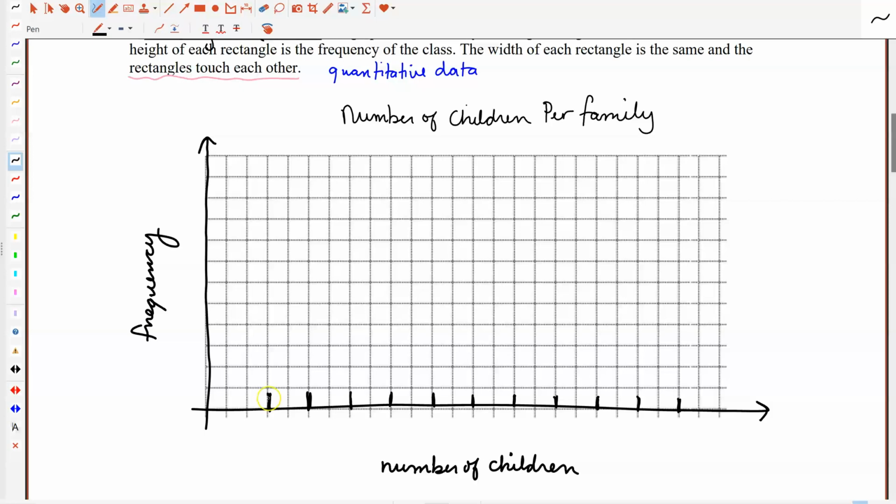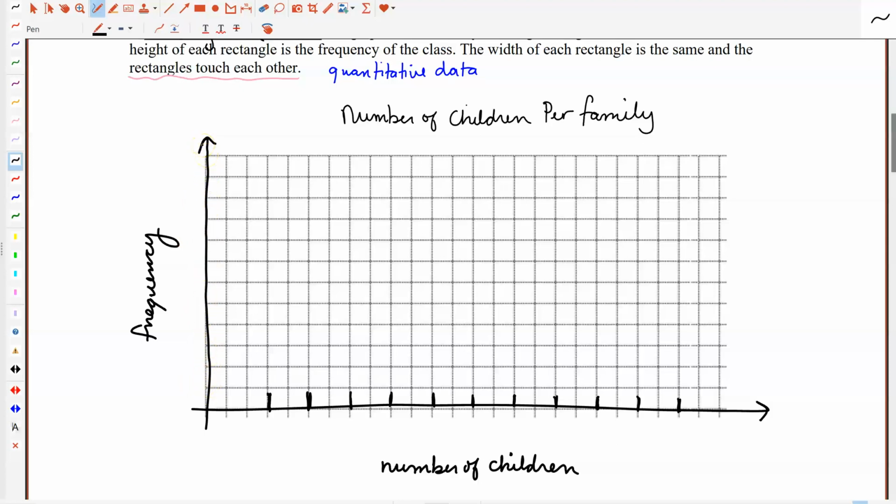Now my bar for 0, if you look back up at your data set, needs to go up to 8, and then the bar for 1 needs to go up to 11. The highest bar needs to be up to 18. That is for my class of two children. So when I go to plan my frequency counts over here, I need to be able to get up to 18. I can already see I can't count by 1 because I'm not going to have 18 tick marks that I can put along here.